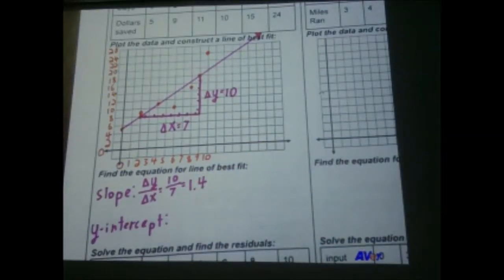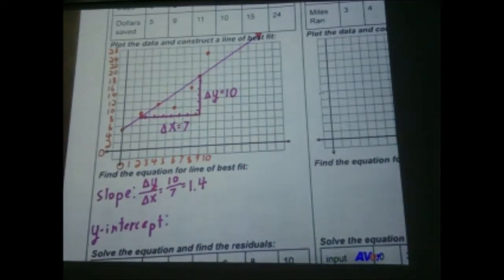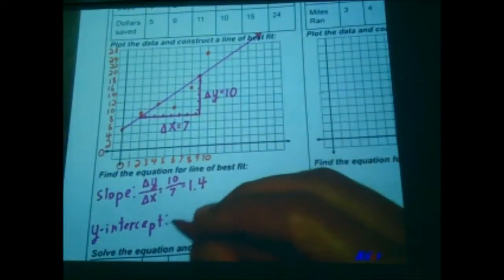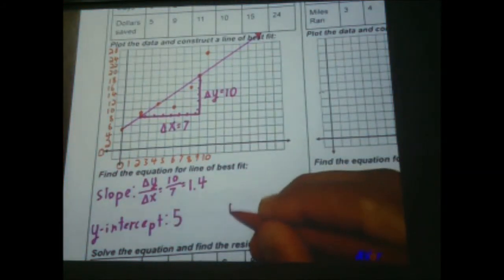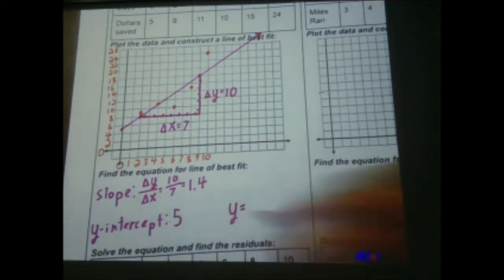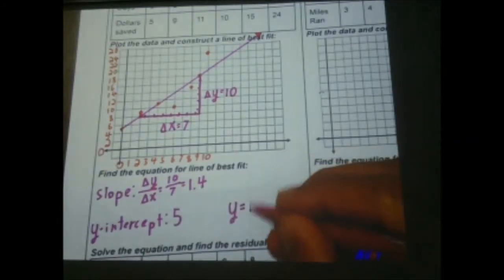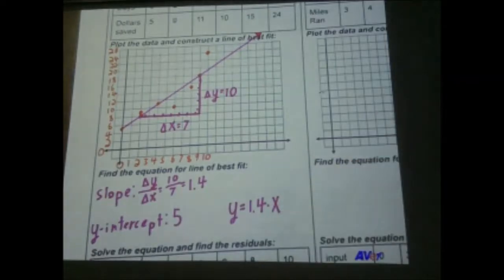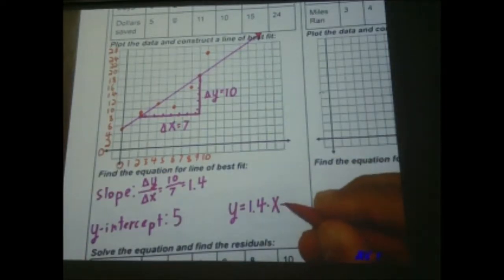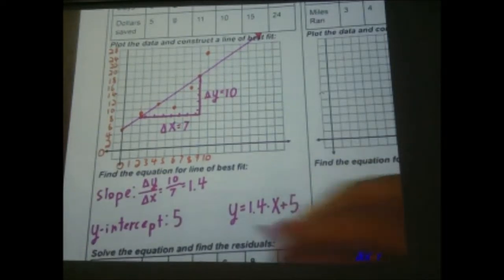My y-intercept is where the line starts, which is at 5. So my equation is y equals the slope, which is 1.4, times x plus the y-intercept, which is 5.